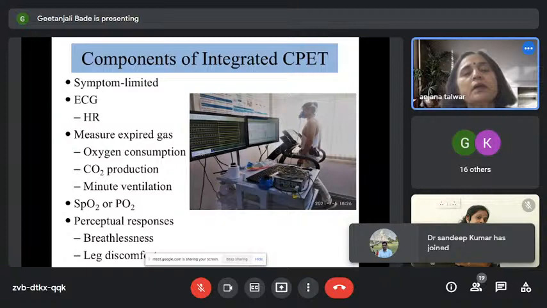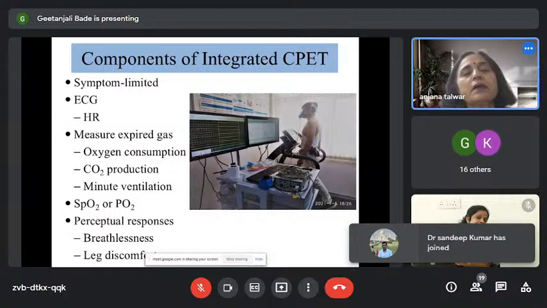Then disability determination can also be done using CPET, and also to know the response to therapy. Like if a person with asthma or COPD is undergoing therapy, then VO2 max will tell you whether the therapy is effective and he's improving or not.